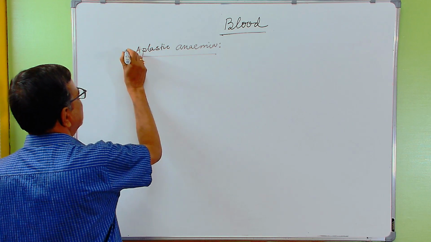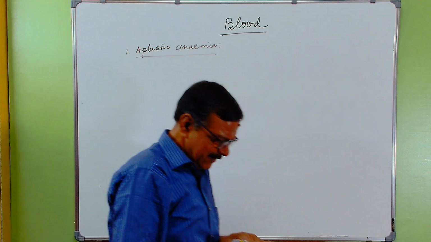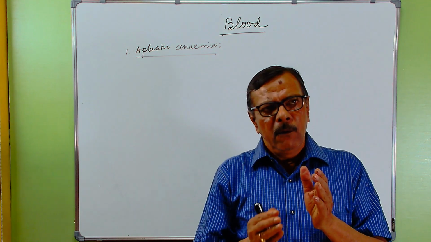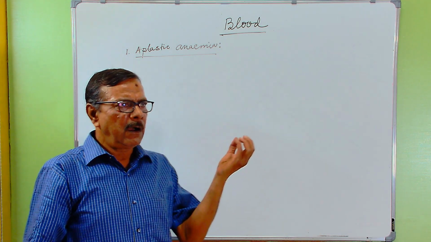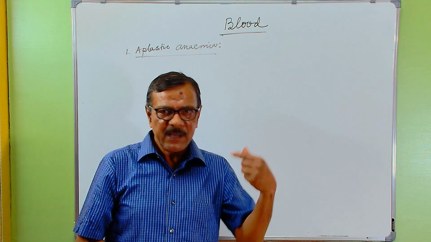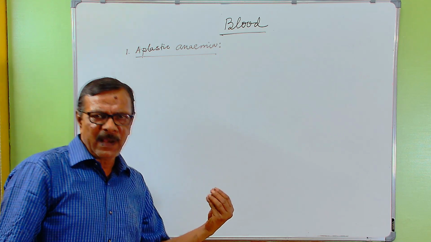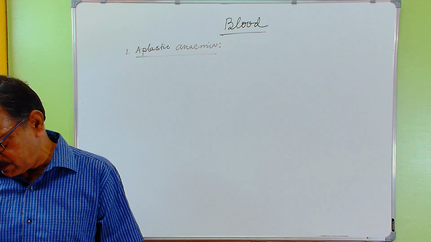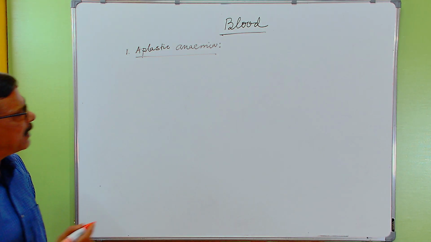Aplastic anemia is a very dangerous disease, because in this case, during erythropoiesis within the bone marrow, something happens: megaloblast, early erythroblast, normoblast, reticulocytes, this production system stops. That is, it destroys the bone marrow cells.